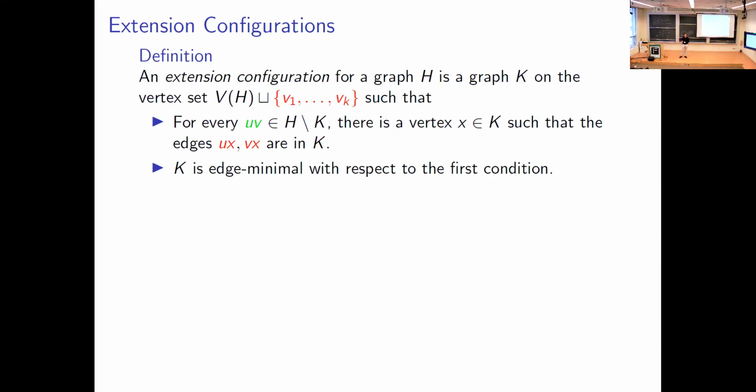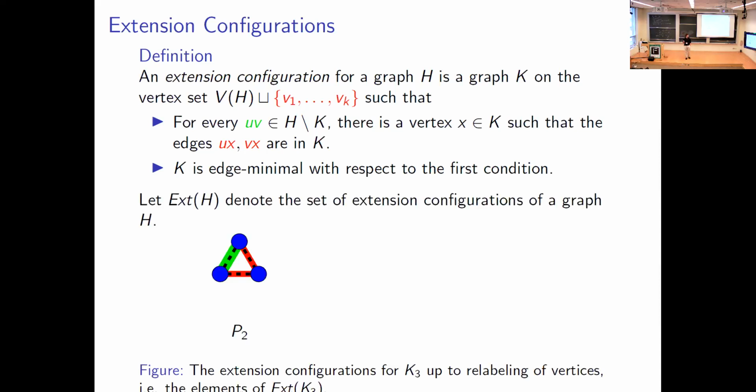Now, with a definition like this, pictures are worth 1,000 words, so let me give you a few. In fact, we're going to be looking at extension configurations for the triangle. The first one I've already shown to you: if I get two edges of my triangle for free, I can get the third. That's one nice extension configuration, but it's all internal to the triangle. So let's look outside. Let's say I add a vertex sitting outside my triangle, but adjacent to all of my desired vertices.